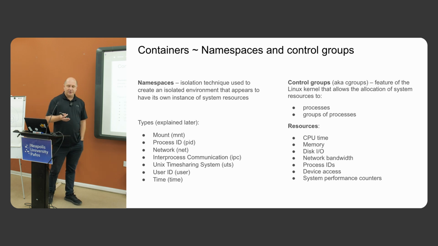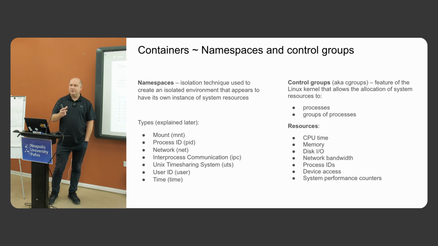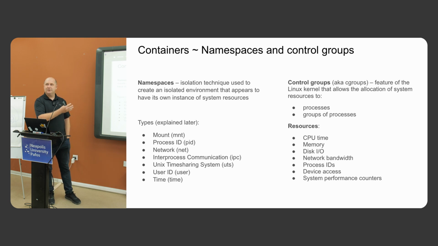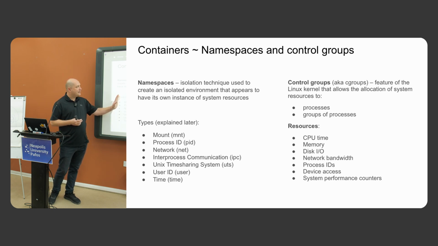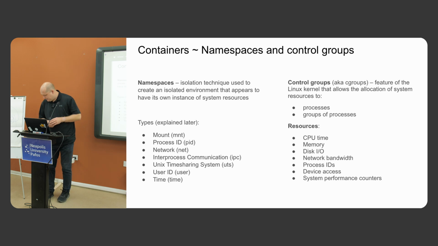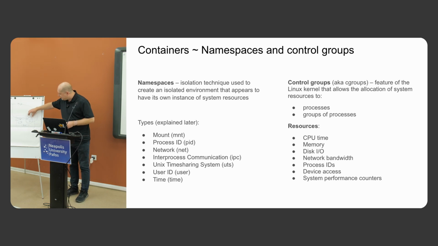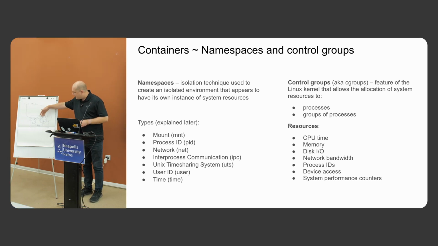So, but what is Docker? Docker is just a set of tools, actually user space tools, which exploit such technologies. So namespaces are an isolation technique. Here, I need to isolate these processes from the host, and from this process group, right?